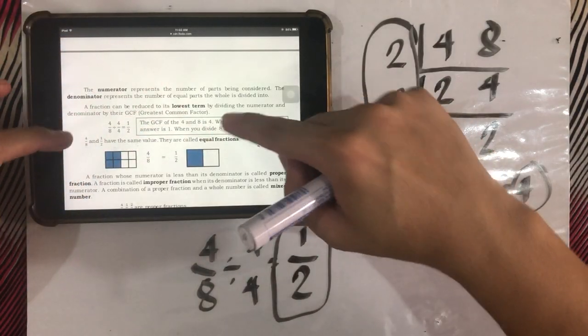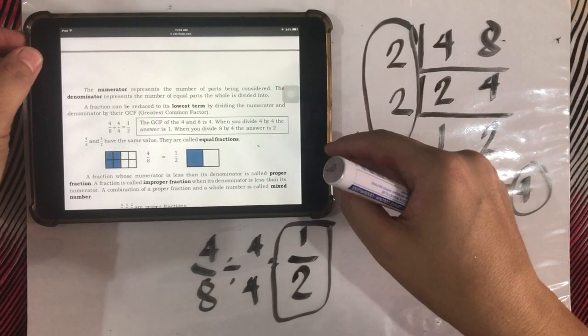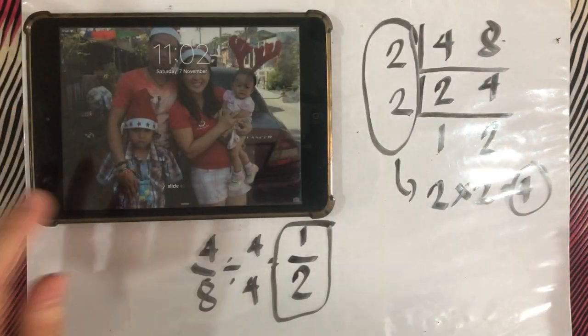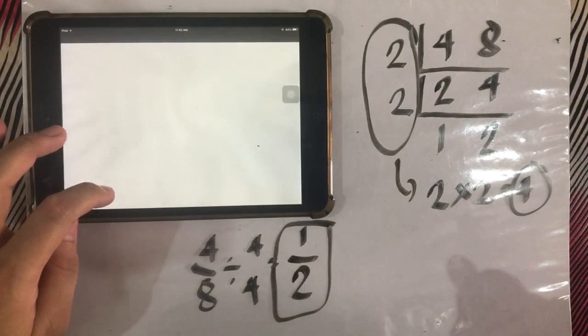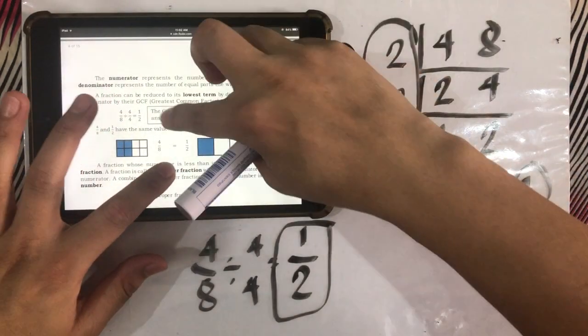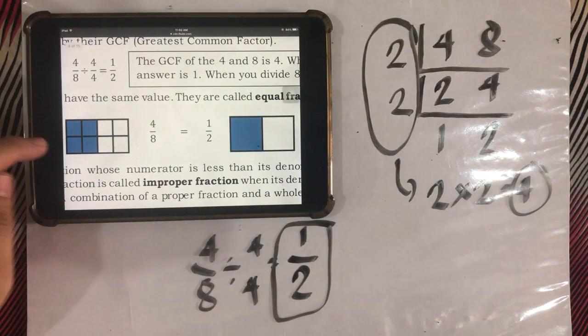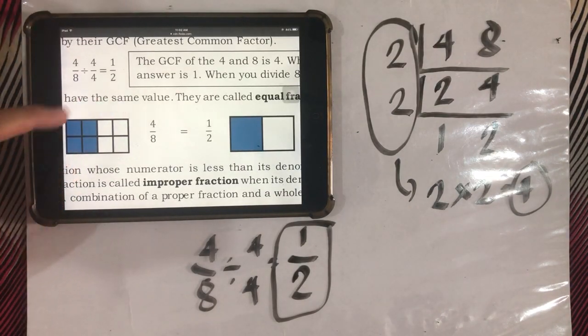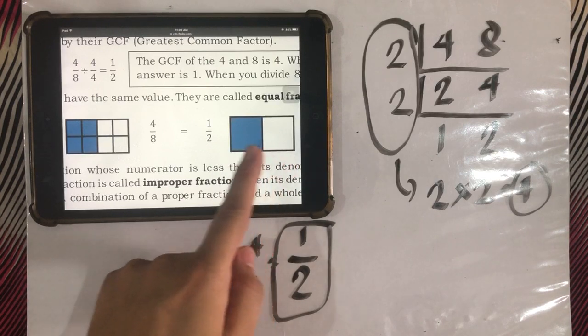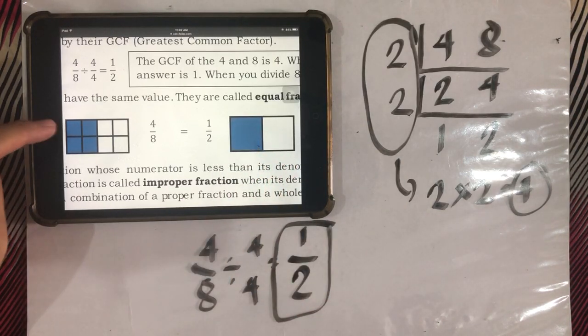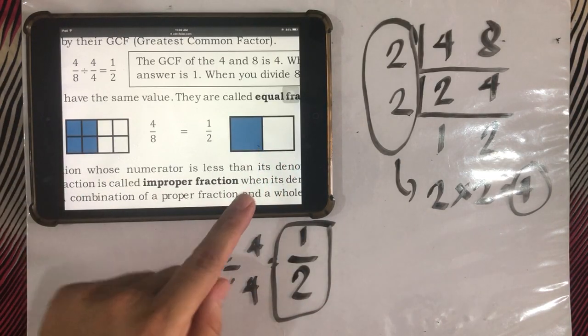So, we are given with the figure here. Okay, so as you can see, 4/8 yun. And then, ayan. Try to focus on the figure. Ayan, no? This figure is divided into 8 parts. This figure is divided into 2 parts. So, 4 ang shaded niya. Dito, isa.